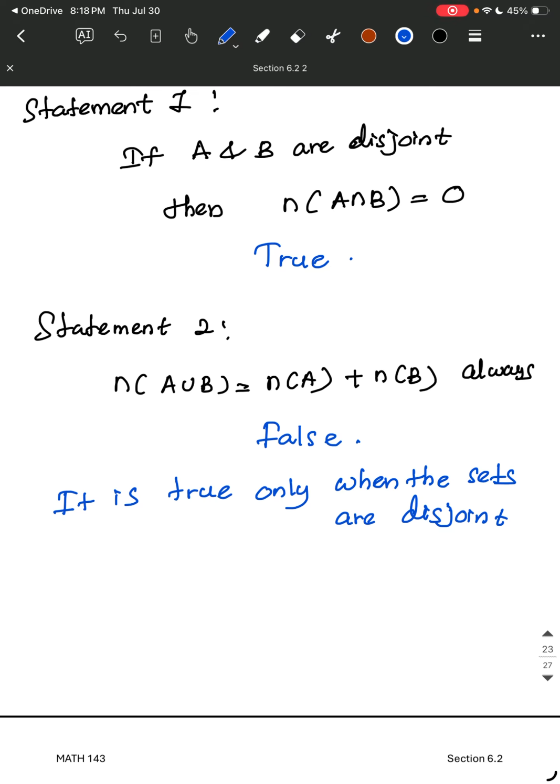Otherwise, they include those in all 3 sets. Those are the common mistakes. Please keep this in mind.